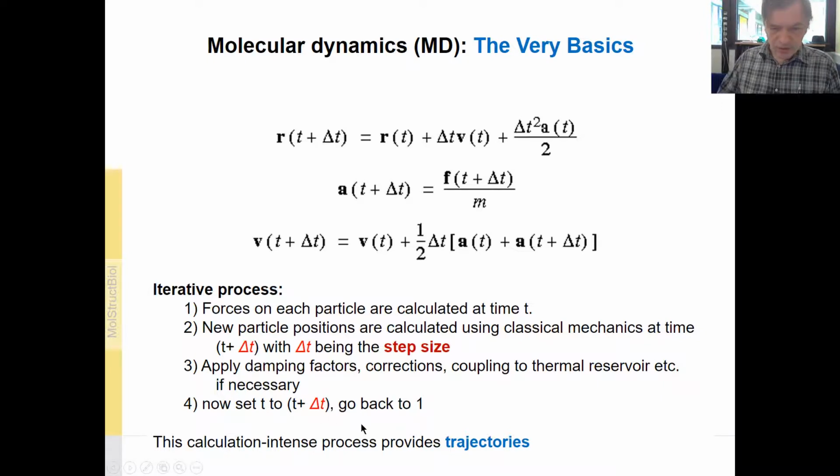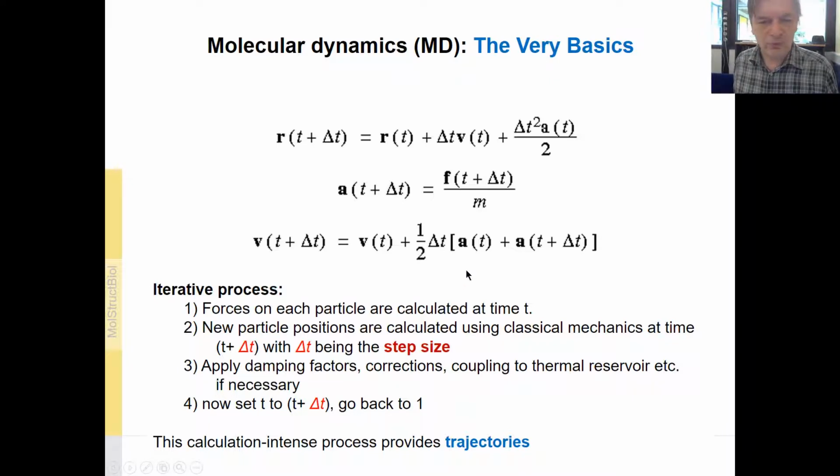So this calculation-intense process provides trajectories at all these given time points, which are separated by the step size. So when you make a simulation of 100 nanoseconds with a 2 femtosecond step size, you have about 50 million states.